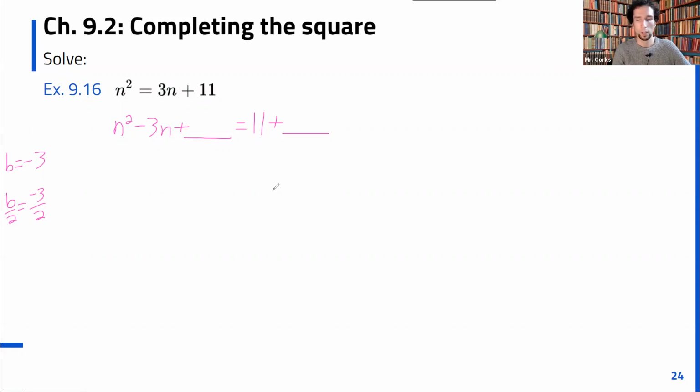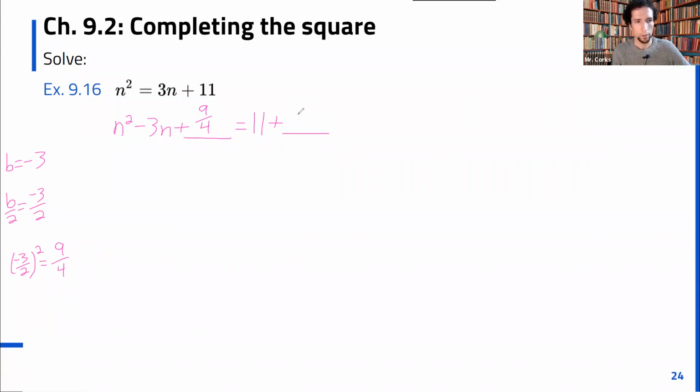I've just made that up to help explain it. So -3/2, and then we want that squared. -3 squared is 9. 2 squared is 4. So it looks like 9/4 here. 9/4.